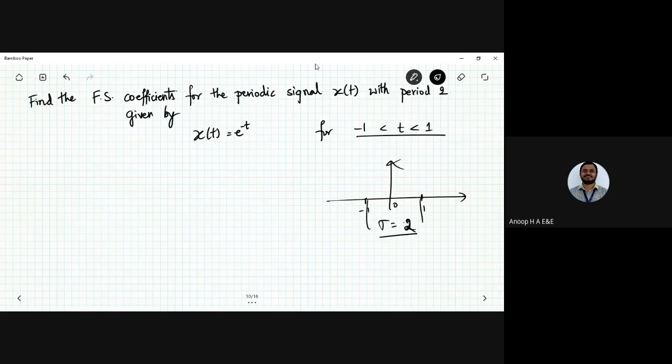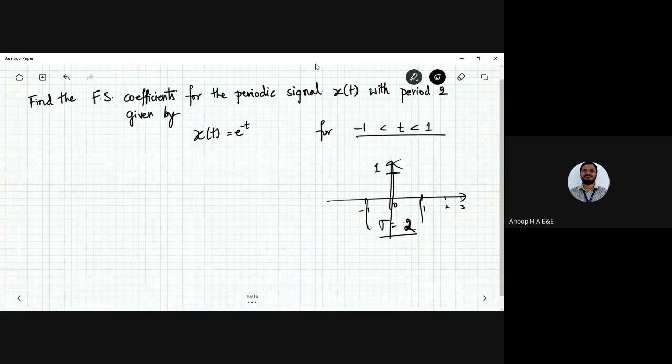At t equal to 0, e power 0 is 1. This would be 1 here. Then at t equal to 1, at t equal to 2, you will be having such functions there.